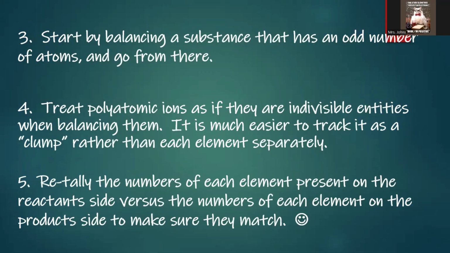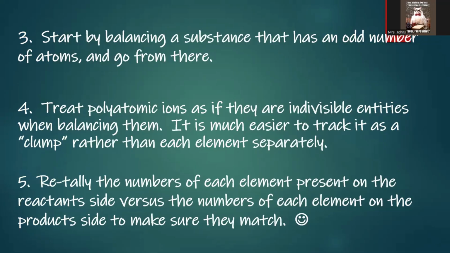Tip number 4 is, if any equation that you have has a polyatomic ion like PO4 or SO2 or OH, or some of them are larger, keep them together if at all possible. Keep it together as a clump and watch how it moves from the left side to the right side, rather than trying to balance the P's and the O's.